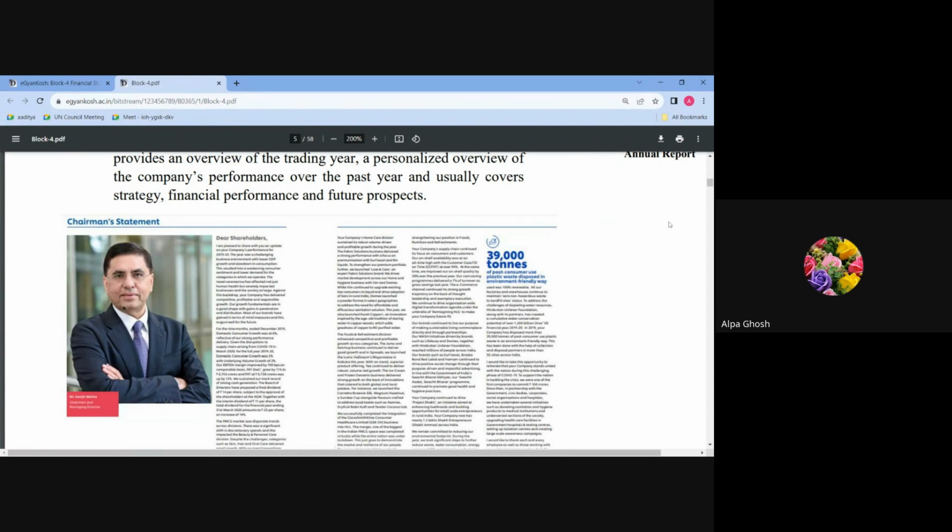Whenever you open any company's audited report, you will find the first page with the chairman. The chairman is the owner. His statement is addressed to the shareholders and all the stakeholders. Am I clear here?